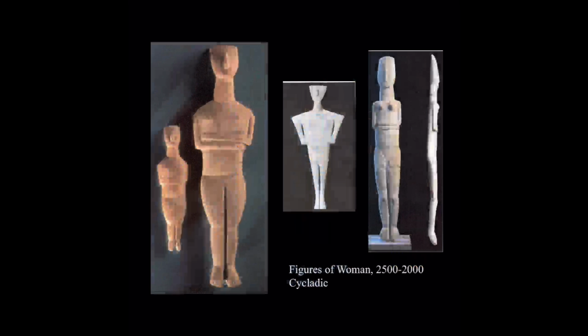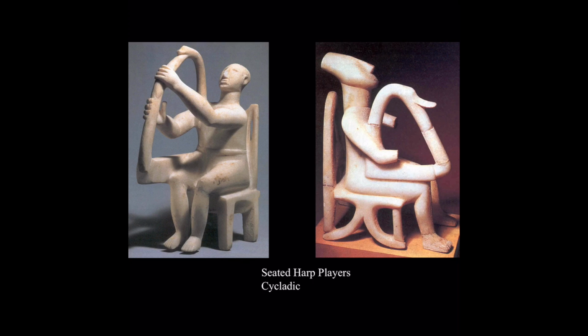We do see some male figures from the Cycladic, but usually if it's a male, they're doing something, like in the case of these. These are some seated harp players, and it shows people actually doing something, or in this case, performing on a harp. These are kind of interesting too.